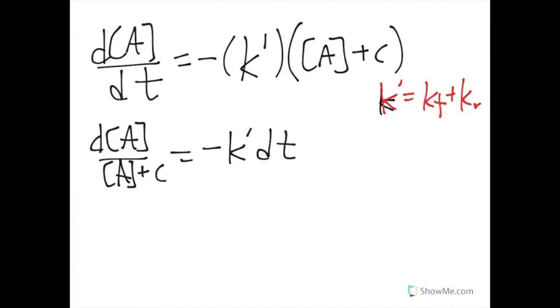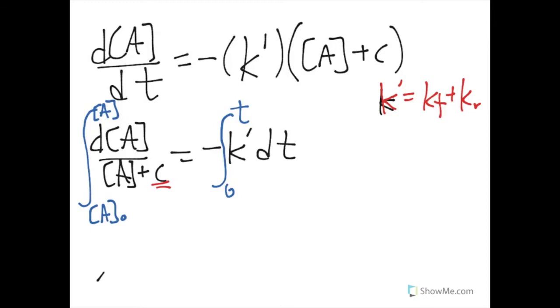And I'm going to integrate from time 0 to time t, which means I'm going to integrate from A naught to A. And this is just your typical dx over x kind of integral. The plus C here doesn't change the form of the solutions at all.